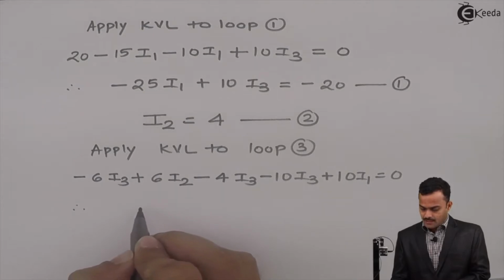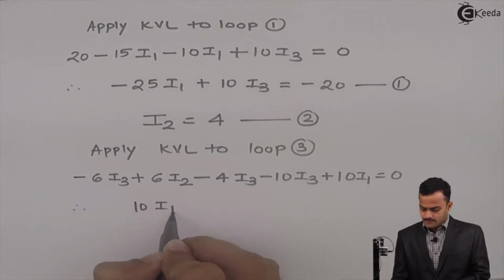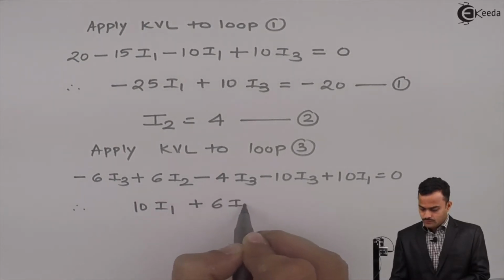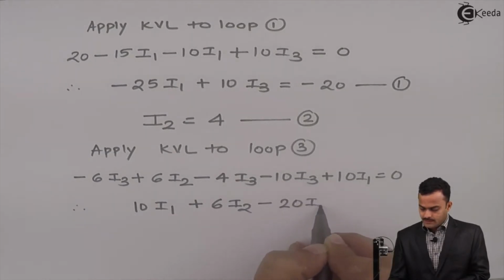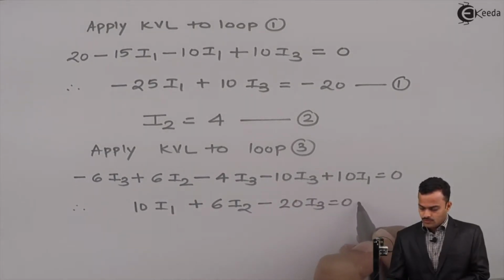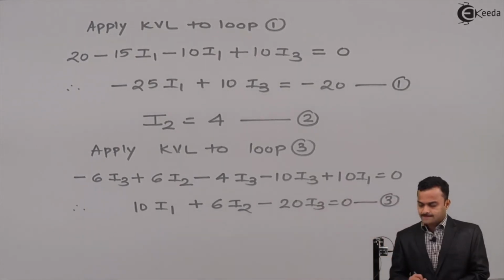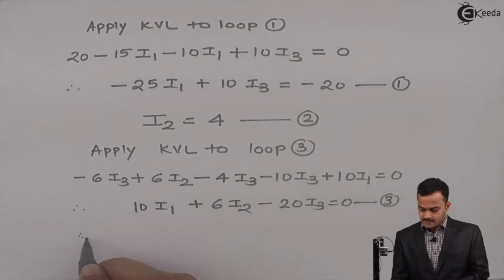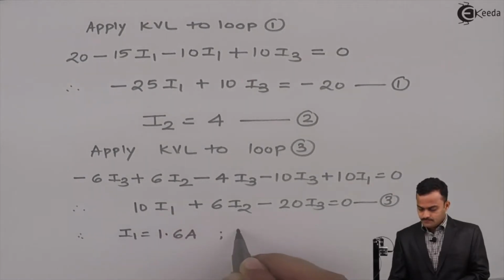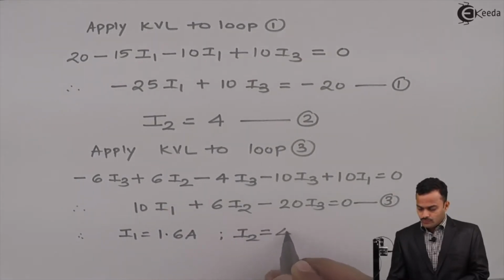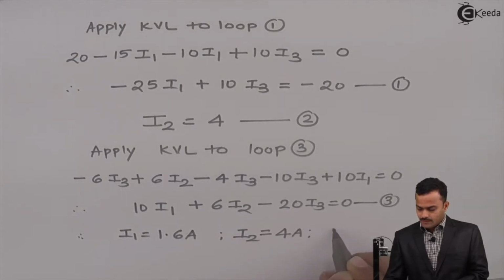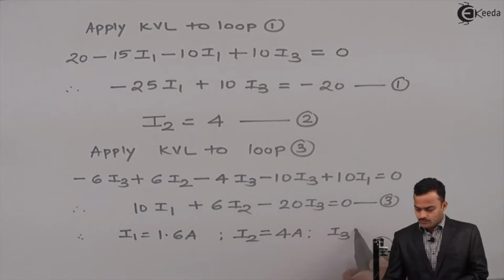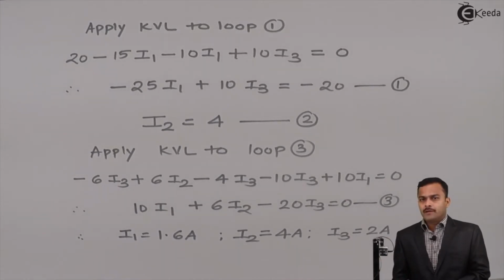I will get 10I1 plus 6I2 minus 20I3 equal to 0, equation number 3. So three unknowns, three equations. If I solve using a calculator, I will get I1 equal to 1.6 ampere, I2 equal to 4 ampere and I3 equal to 2 ampere.